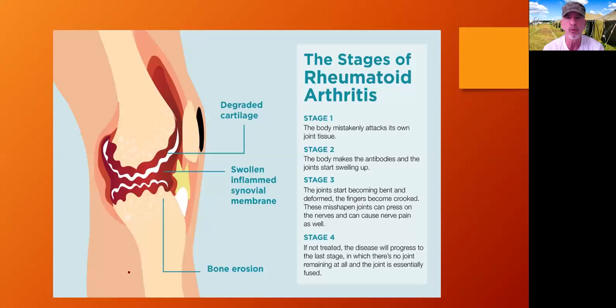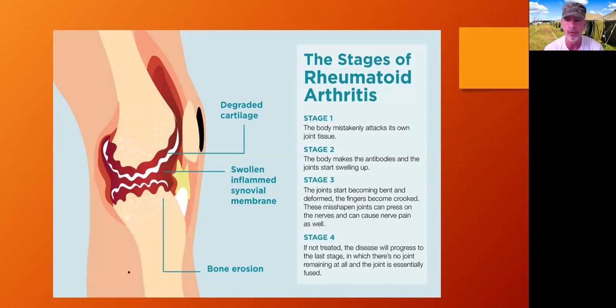Here are the different stages of rheumatoid arthritis. Stage 1, the body mistakenly attacks the joint tissue, thinking it's a pathogen. And then as the antibodies build up in that joint, we have inflammation. And that inflammation causes swelling at the joint. It eventually becomes bent and deformed.